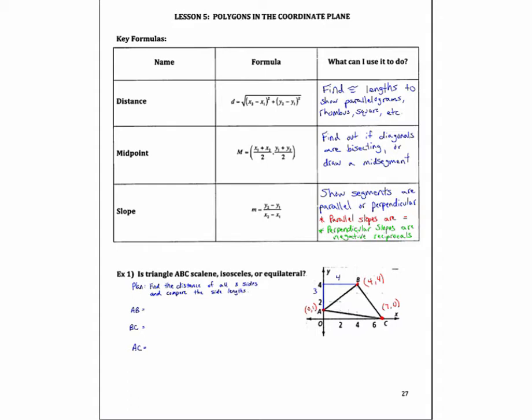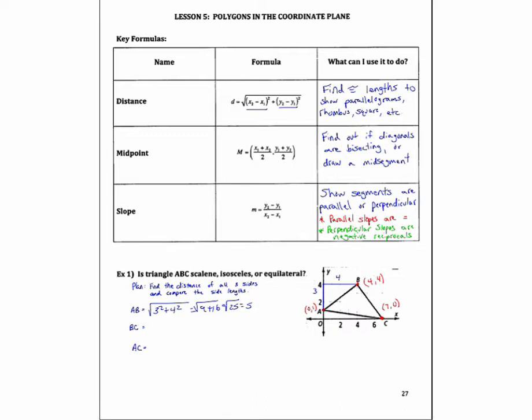By doing that, I can simply say that AB is the square root of 3 squared plus 4 squared, which is 9 plus 16, which is the square root of 25, which is equal to 5. Now, when I just count up and say it's a distance of 3 and a distance of 4, you need to understand that that's the same thing as when I say x2 minus x1 and y2 minus y1. But I think that's the easiest way to sketch these things.